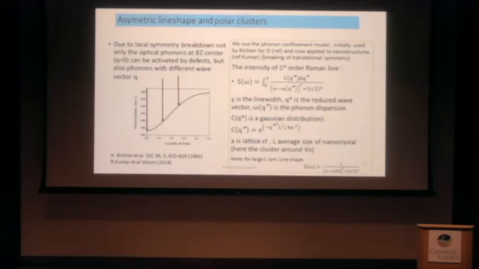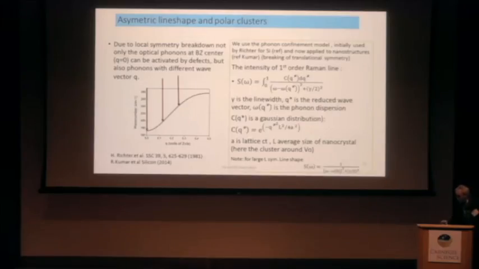You make a summation on q star, the reduced wave vector, in units of pi over the lattice parameter. If you have large L, it means you have no defect, and you find again the Lorentzian shape.